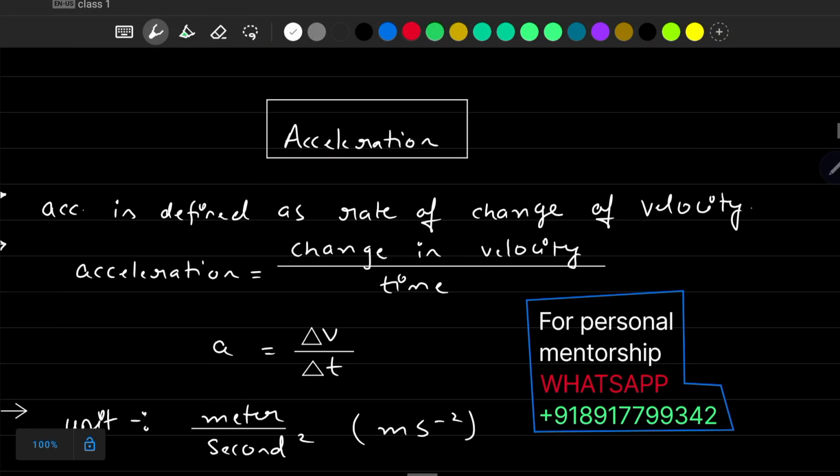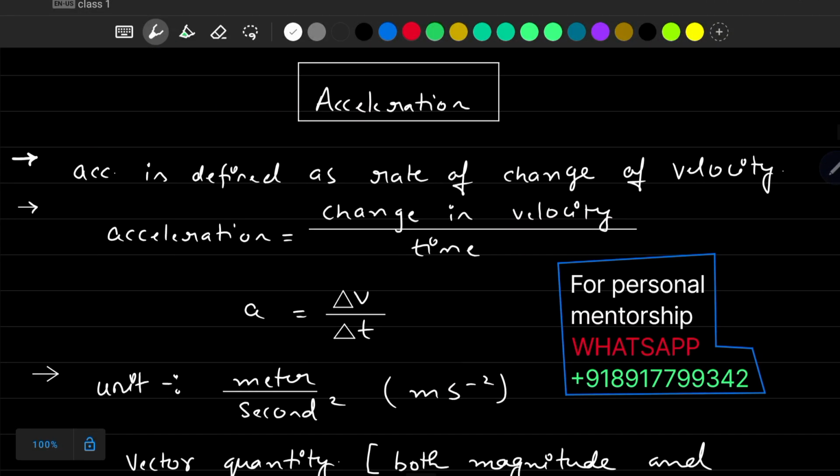Now the next term is acceleration. What is acceleration? Acceleration is defined as rate of change of velocity. Rate of change of displacement was velocity. Again, rate of change of velocity is acceleration.